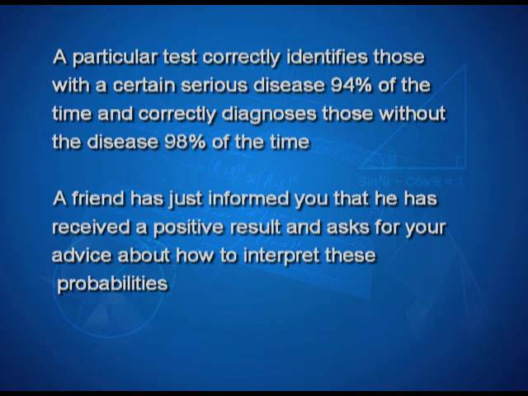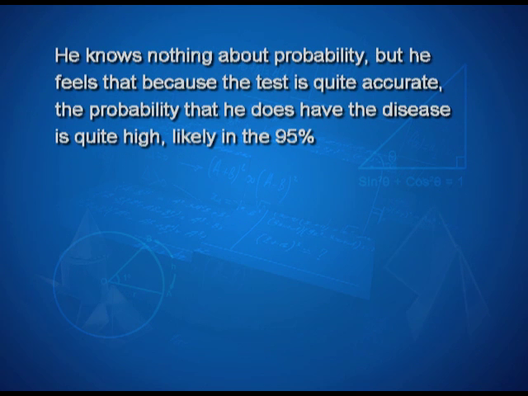A friend has just informed you that he has received a positive result and asked for your advice on how to interpret these probabilities. He knows nothing about probability, but he feels that because the test is quite accurate, the probability that he does have the disease is quite high, likely in the 95% range.